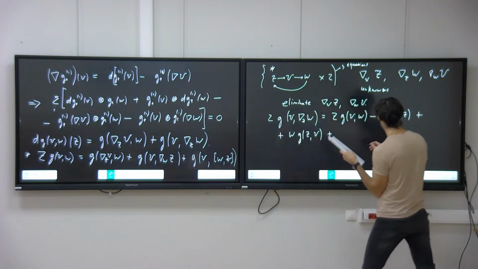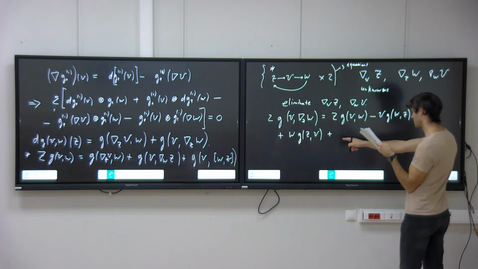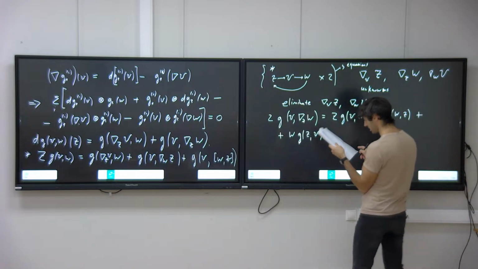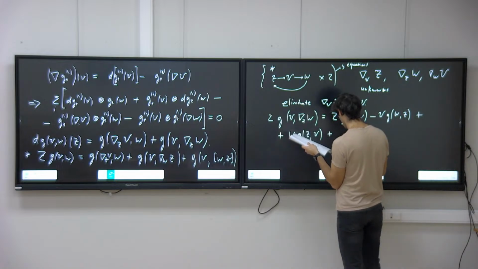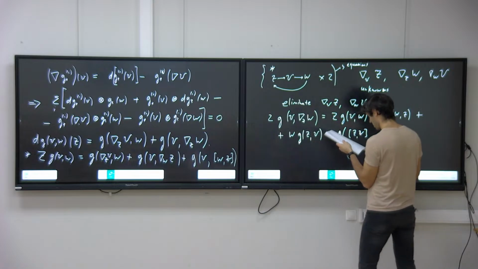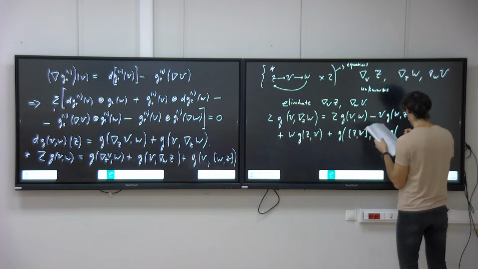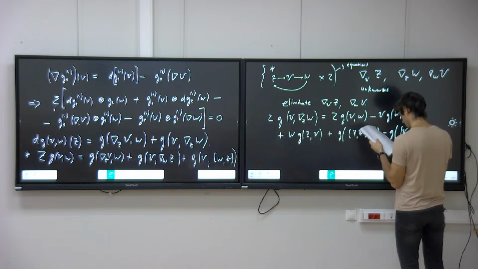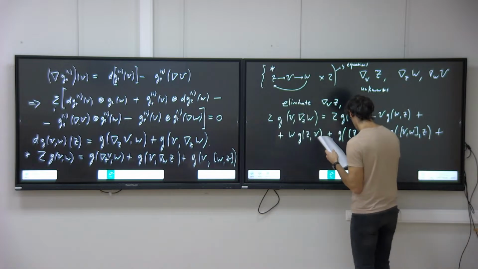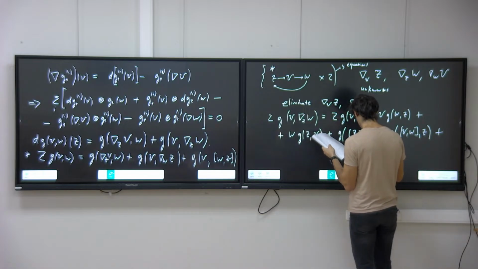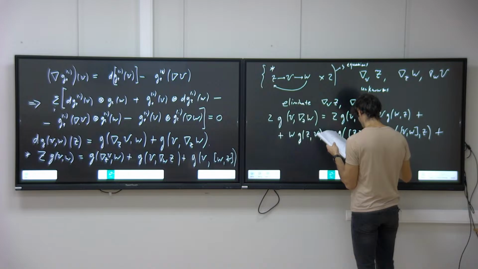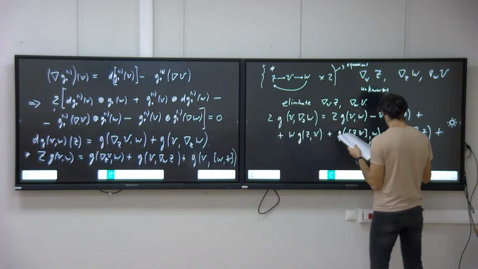So, no, it's okay. So terms of this kind, but this one goes with minus, and then terms of the following kind with commutators. g of z, commutator of v and w, and then minus g of v, commutator of w and z, and then plus the last term g of w, commutator of z and v.